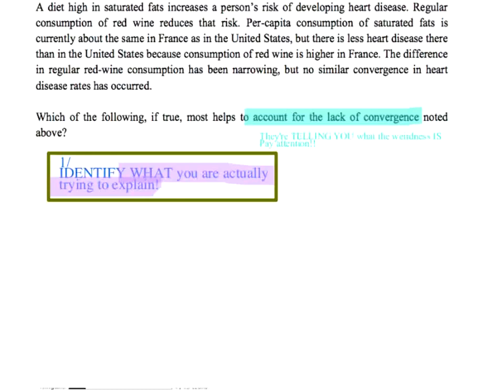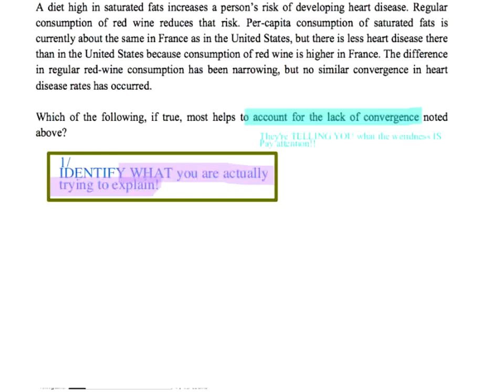Yeah, Trong, basically the idea, and then the direction of the difference matters too. In other words, it matters that France is still the place with less heart disease. But remember the first step here. The first step is to put the passage itself into your own words.